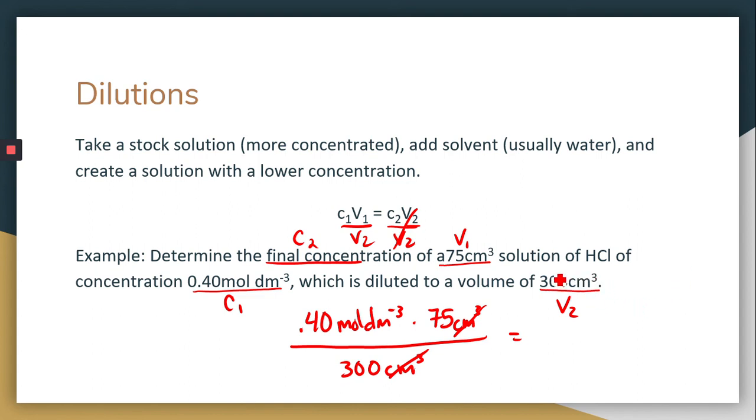We would want 1 significant figure because our 300 centimeters cubed is 1 significant figure. So the answer would be 0.1 moles per decimeter cubed as our new concentration. Notice that as volume increases, the concentration should decrease. So that is something that you can watch out for.